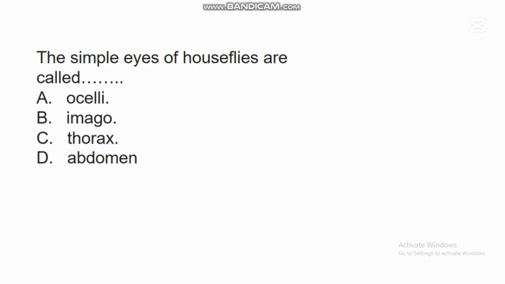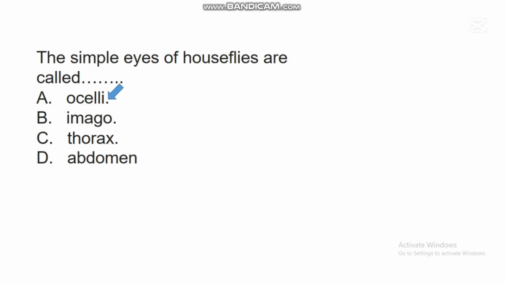The next question says, the simple eyes of houseflies are called dash. A. Ocelli, B. Imago, C. Thorax, D. Abdomen. In this question, the correct answer is A. Ocelli. These ocelli are the simple eyes found in houseflies.